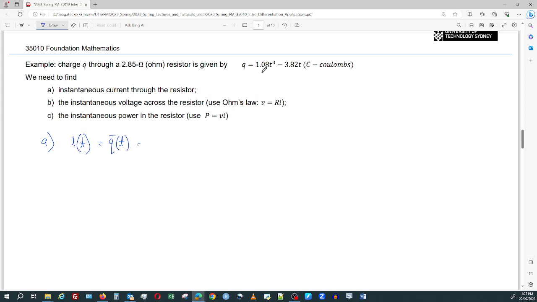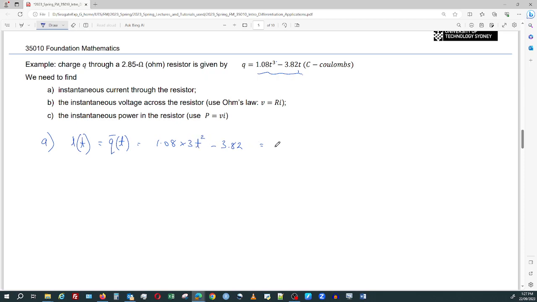So the differential of the charge with respect to t, the 3 is going to come out the front times 3t, and we take 3 minus 1, which is 2. Then the next thing is we'll do this. The 1 will come out the front, so we'll leave that one. But the power 1 will become a 0. t to the power 0 is simply 1, so it stays as a number.